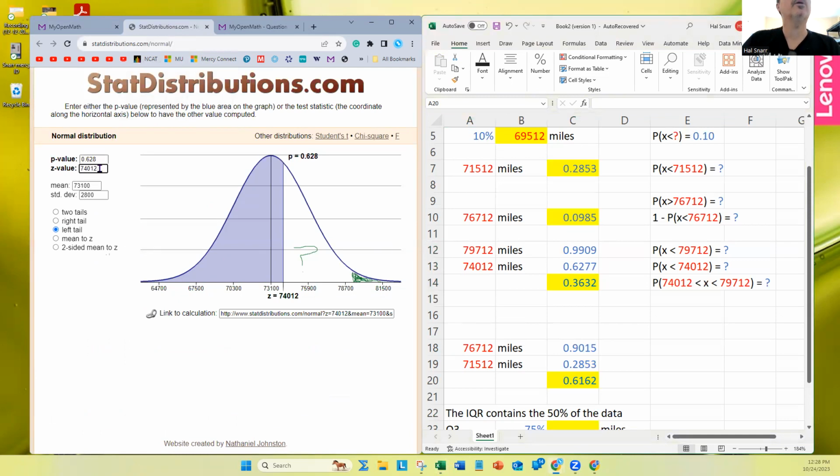All right. So the first number, 76,712. So this blue area is 0.901. So I need to shade this here. I don't want this area anymore.